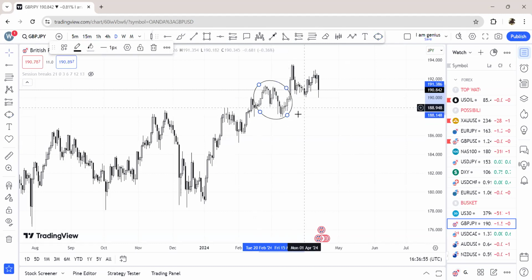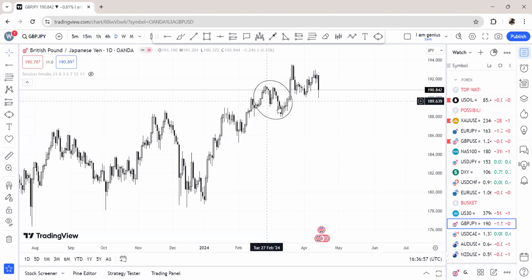From the time the market reached this level, it made a double top. Hence, it dropped. Once it formed this double top, you know now that the sellers are stepping in. This is most likely going to change into a downtrend. Why?